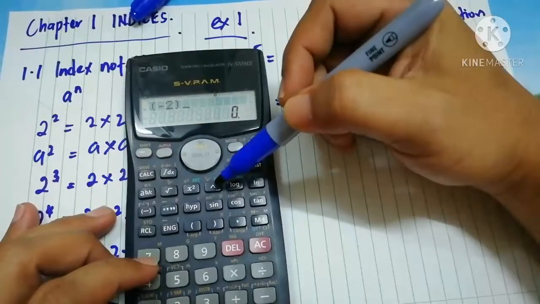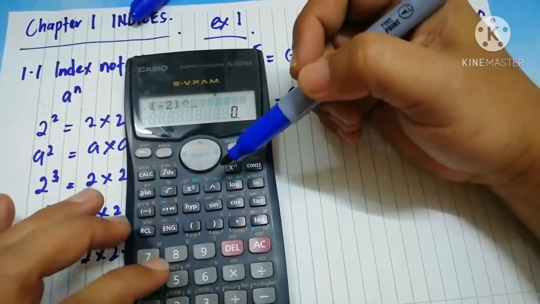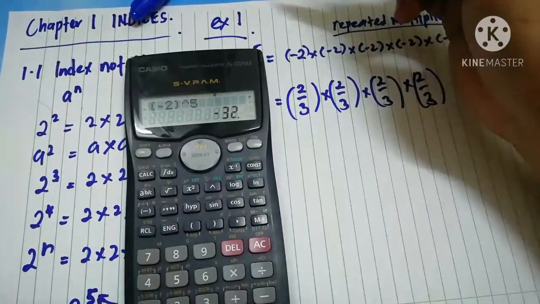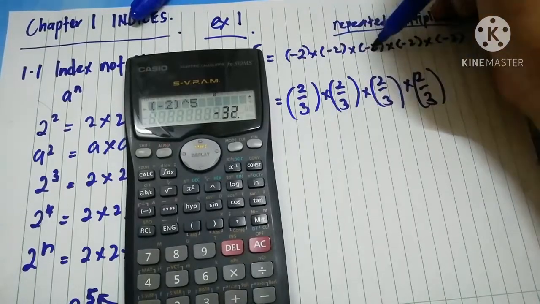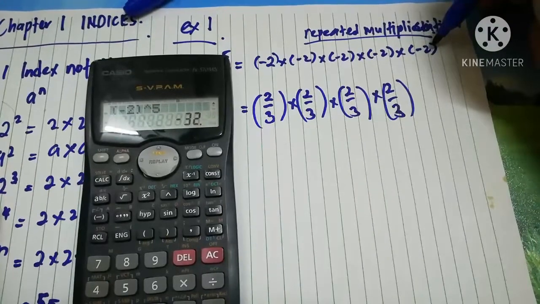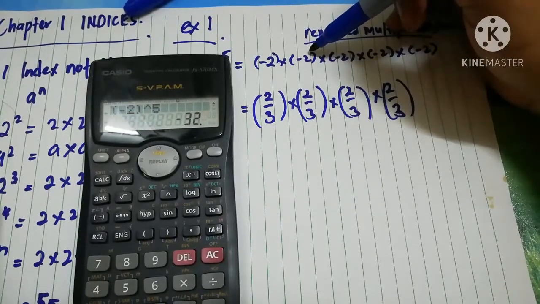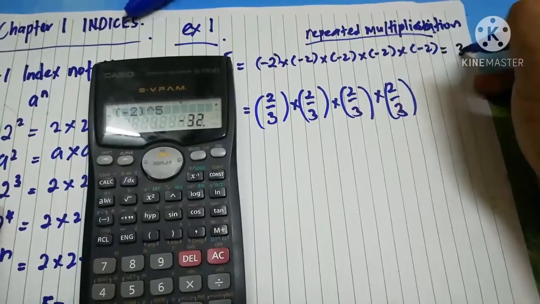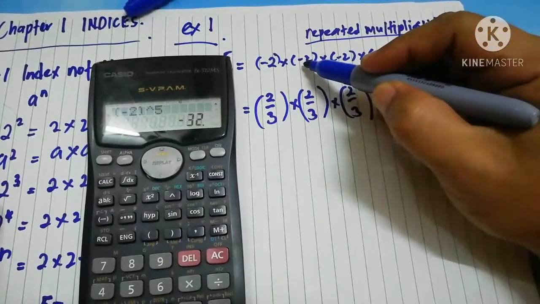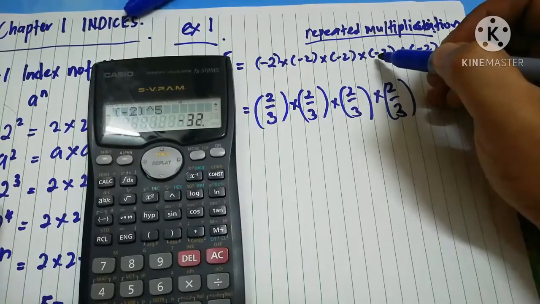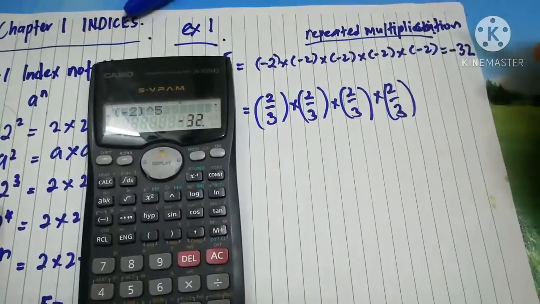Guna yang cap ni, 5. And you akan dapat negative 32, ataupun 2 times 2 is 4, 4 times 2 is 8, 8 times 2 is 16, 16 times 2 is 32. Negative times negative is positive, positive times negative is negative, negative times negative is positive, positive times negative is negative 32.